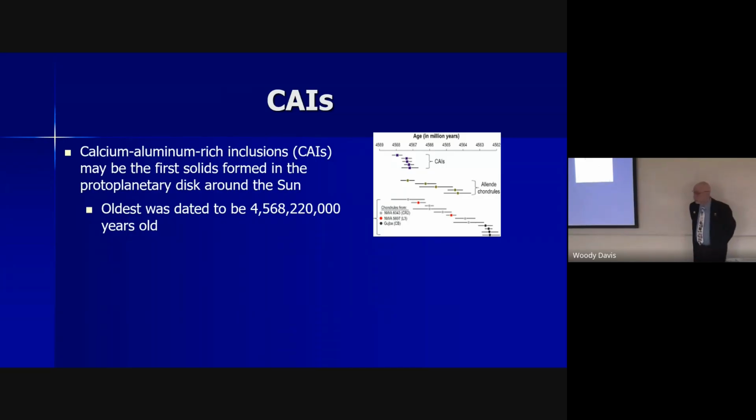And so compared to Earth rocks, those are very old. The oldest Earth rock, and I have some that is represented here on the table, is from northern Canada, called Acasta gneiss, and that's about 4 billion years old. So these things are at least 500 million years older than that.